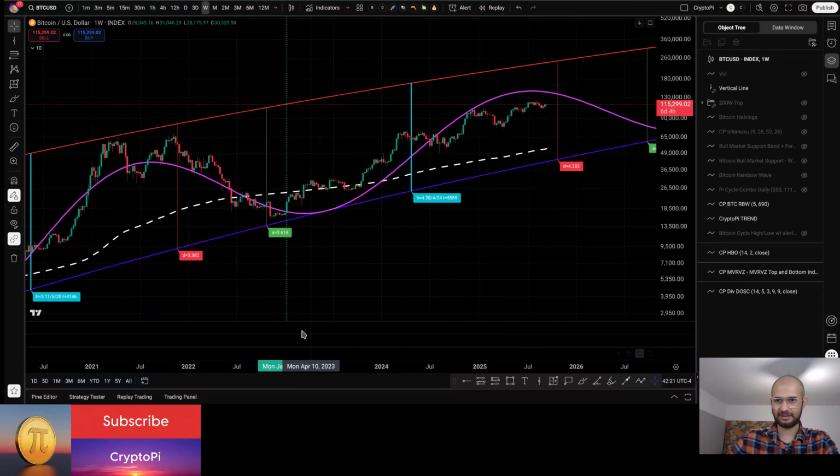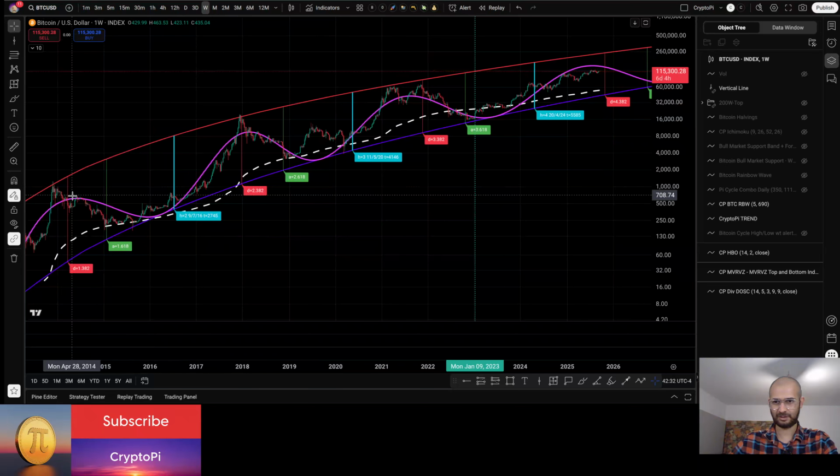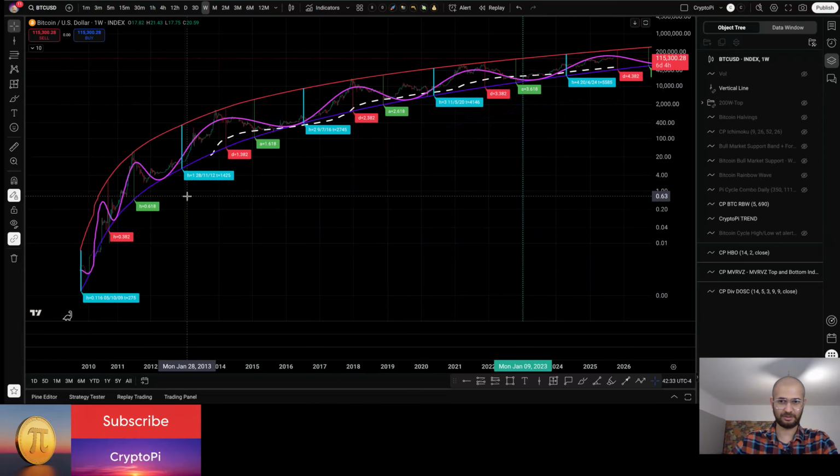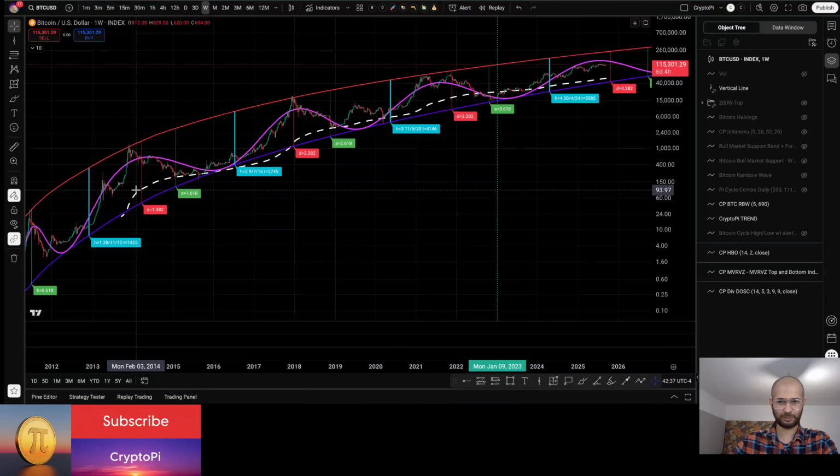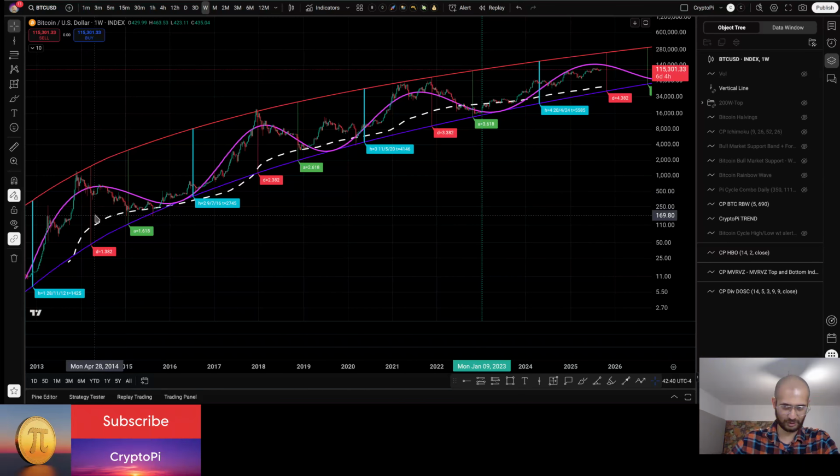Obviously, it doesn't have to play out exactly what happened in the past, but these are the data points which we have. We have 4 cycles, so the 4th one is going on, or the 4th one is very early and probably not to consider because it was not trading with enough liquidity.